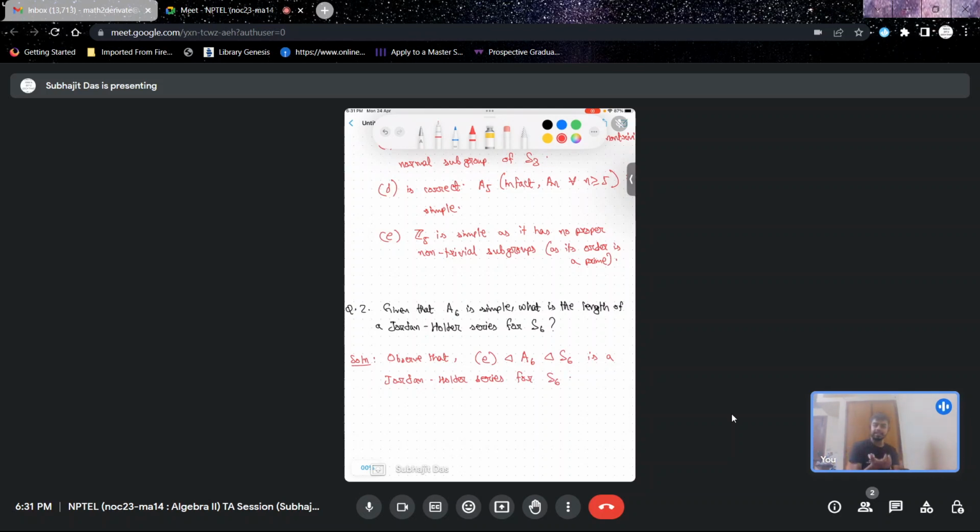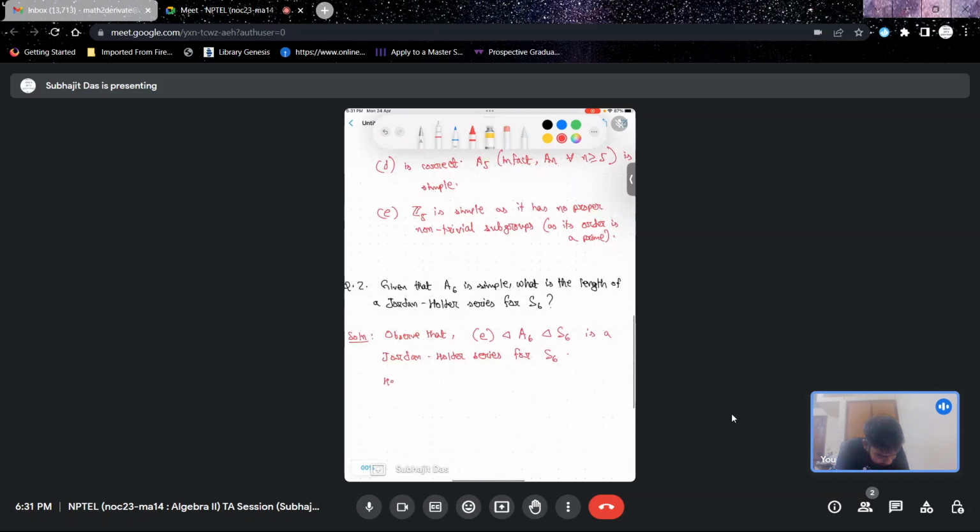Because A6 is simple, so the quotient A6 over the trivial group is simple. Further, A6 is normal in S6 and has index 2 in S6. So the quotient group is Z2, which is again a simple group. So this is a Jordan Holder series for S6. Hence, length is 2.